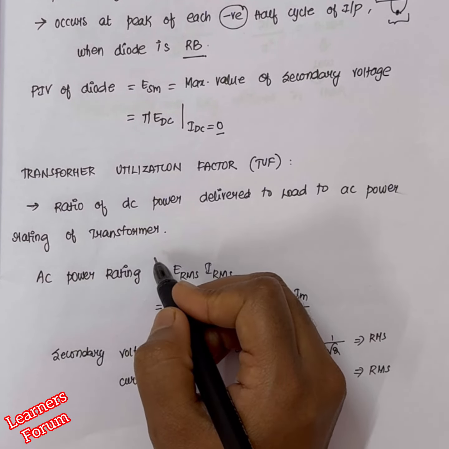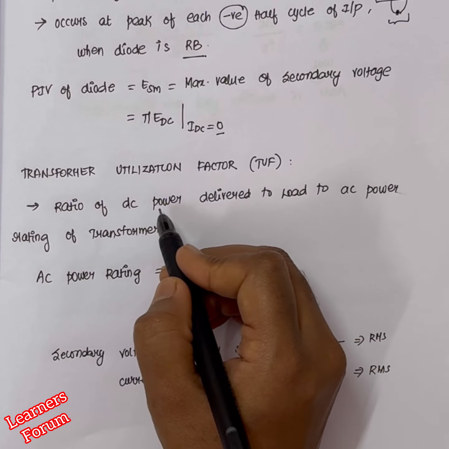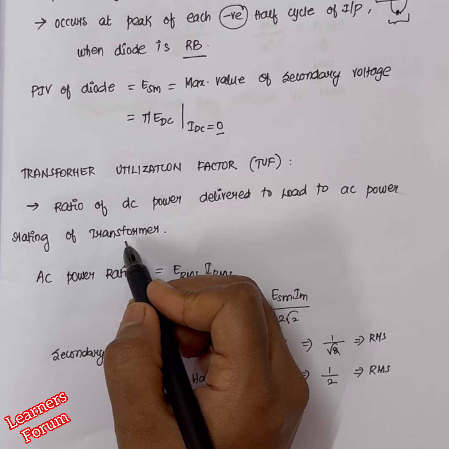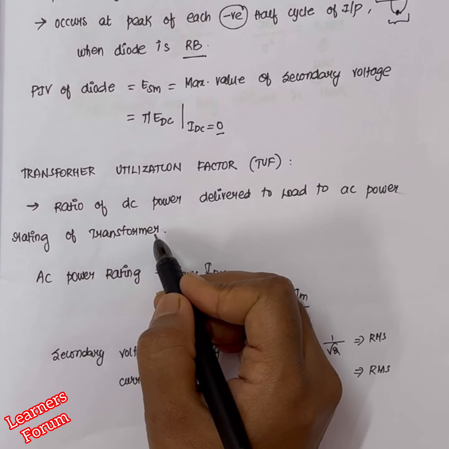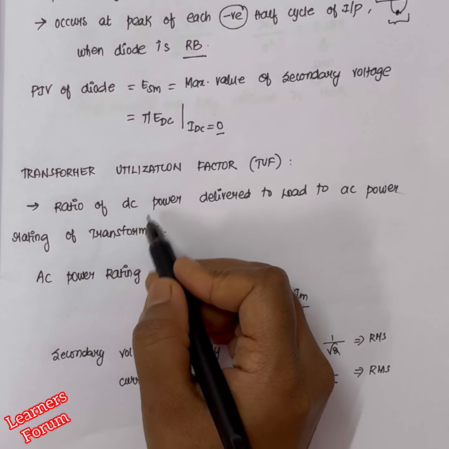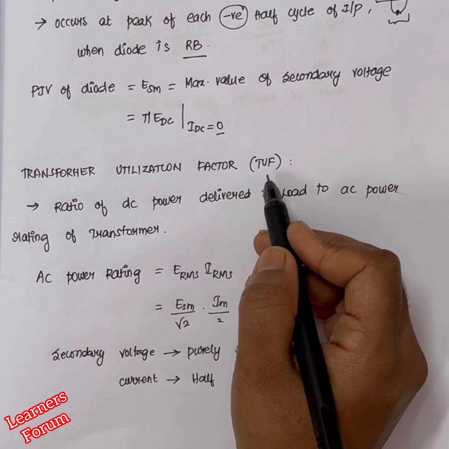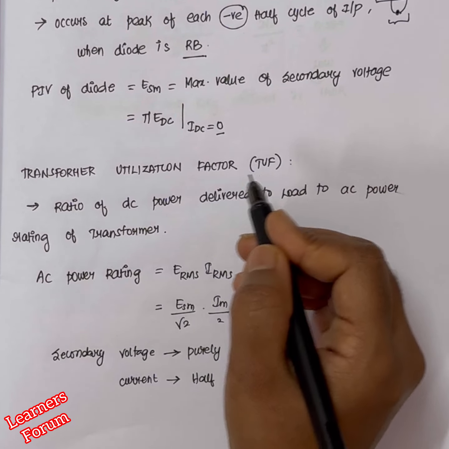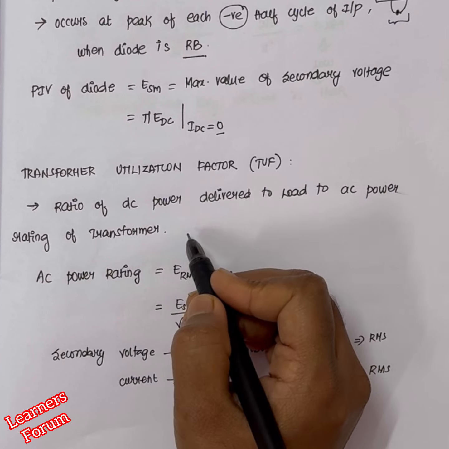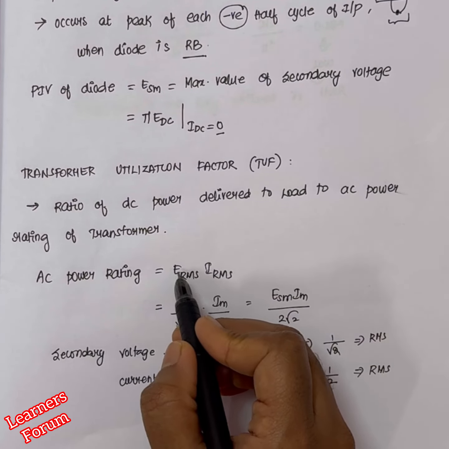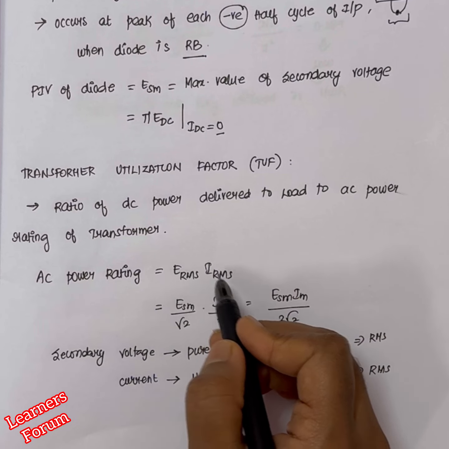So let us calculate the individual values of DC power delivered to load first, and second is AC power rating of transformer. Then let us divide the two things, so as to get the ratio of this transformer utilization factor, and then we can calculate how much percentage of utilization is done here. So AC power rating is nothing but the product of voltage ERMS into IRMS.